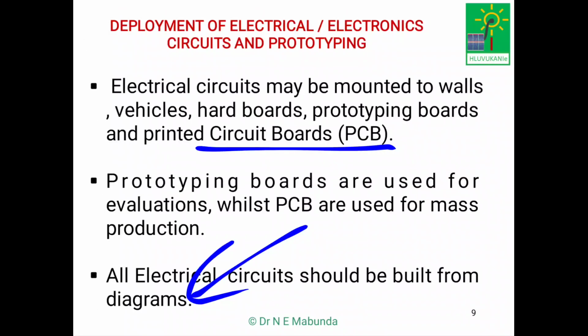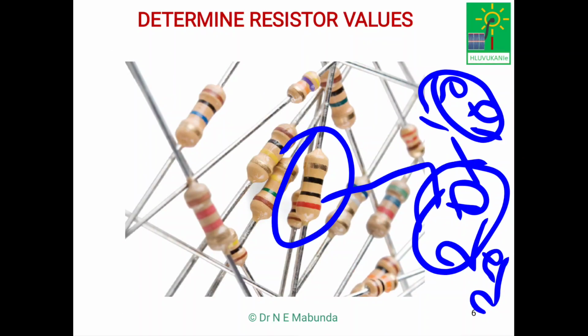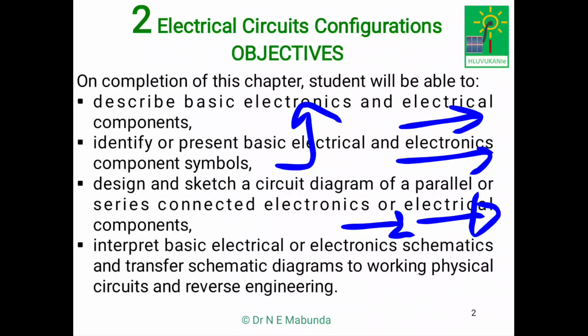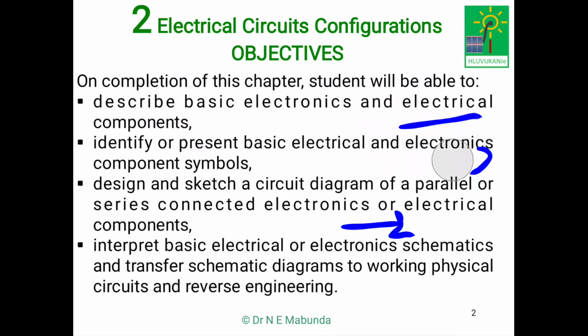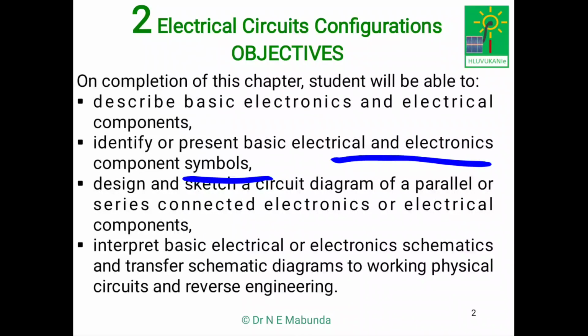So that brings us to the end of this presentation. Let's just recap a little bit to see if we really covered our objectives here. By the look of things, we are able to describe components. We learned transistors, we learned resistors. And we can present them in schematic symbols, so that we can design circuits.